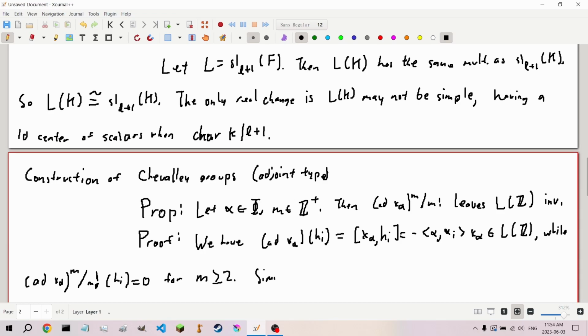Now, similarly, the adjoint of x alpha on x negative alpha is just h alpha in L of the integer span.